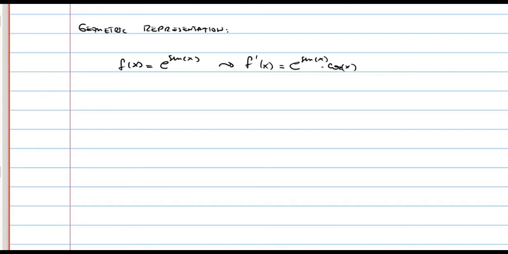Now, as is usual for us when we finish a practice video, we're going to leave a few problems. The idea is for you to do the exact same thing we did in this video: find f prime. We're going to have 4 exercises.